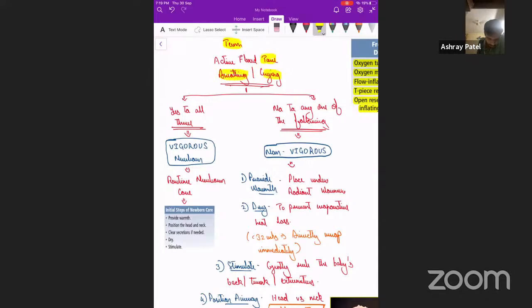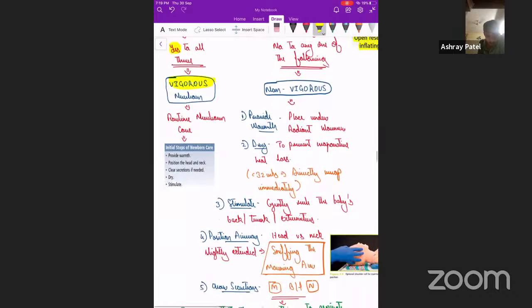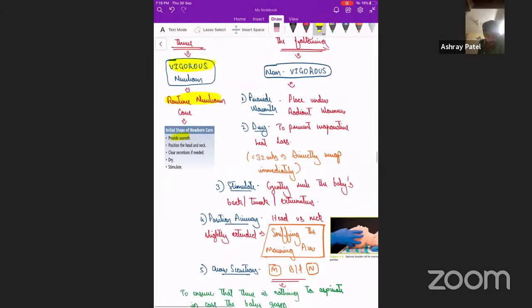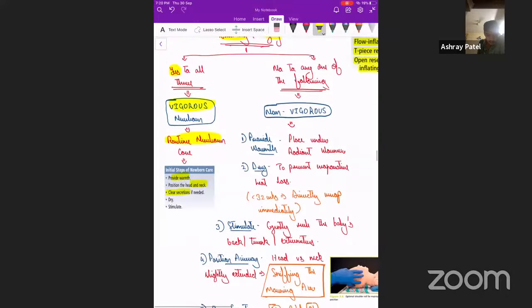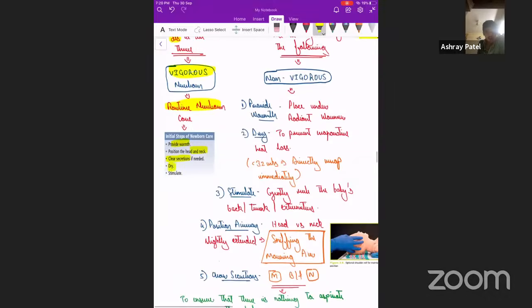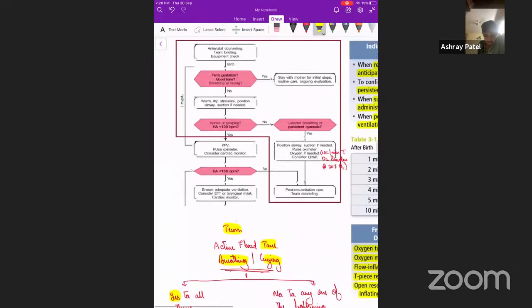If the answer to all these 3 questions is yes, then we term the baby a vigorous newborn, and we go ahead and give routine newborn care. We put the baby immediately on the mother, skin to skin contact is done, and initial steps like providing warmth, positioning head and neck, clearing secretions if anything is present, and drying the baby are done. And we put the baby immediately onto the mother's breast.